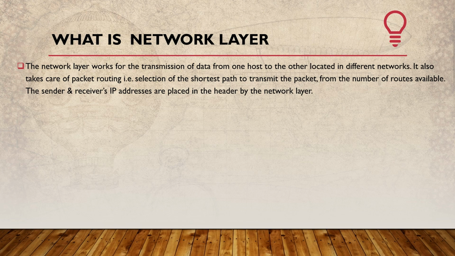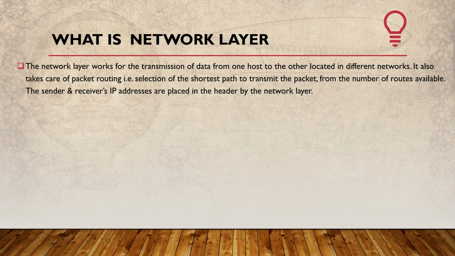If they both want to communicate, they will communicate via the network layer. That is why the network layer plays a major role in communication between two different hosts in different networks. Without the network layer, this communication will not be fulfilled.